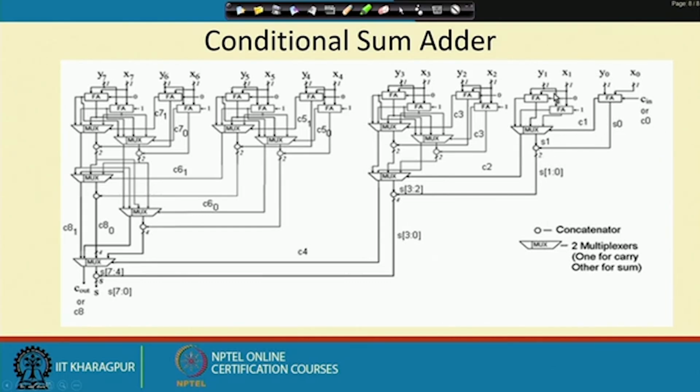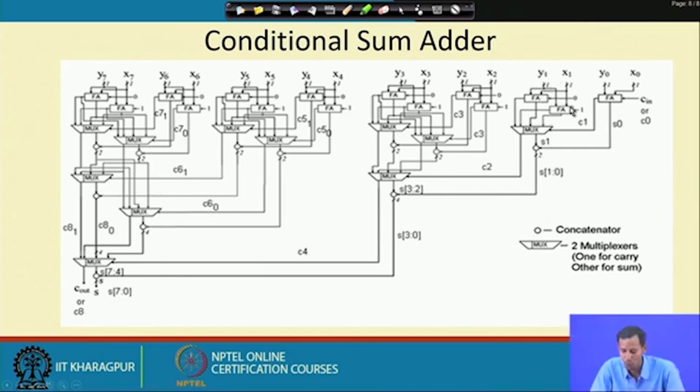Then for y 1 and x 1, you see there are two full adders, and these two inputs are shared among them. One full adder cell computes considering the carry input bit 0, and another computes the sum and carry considering the carry input bit of 1.